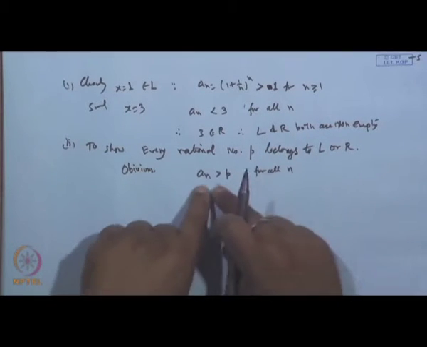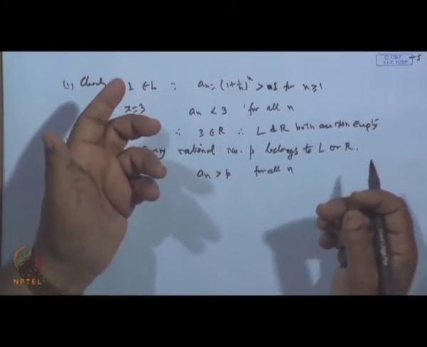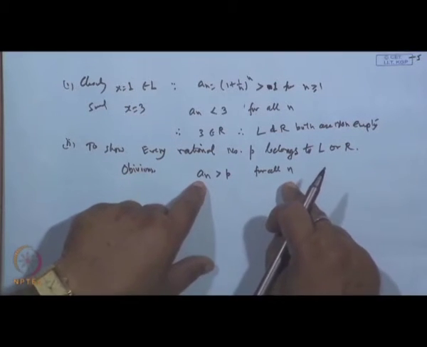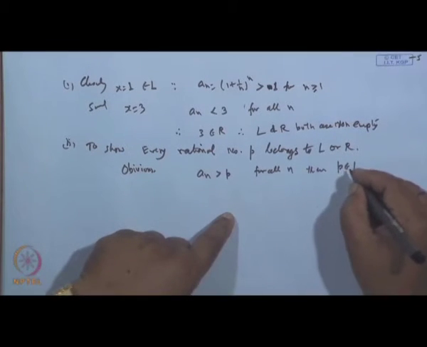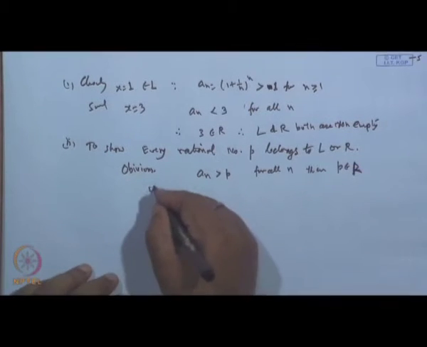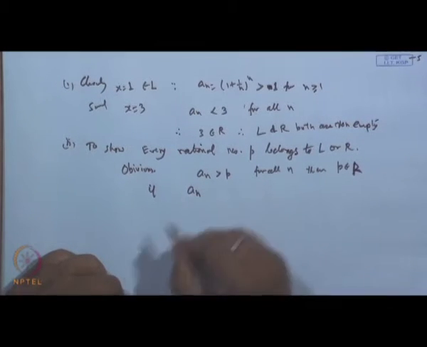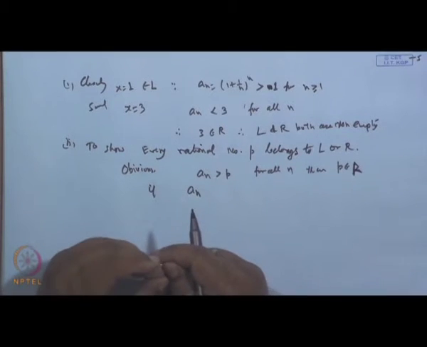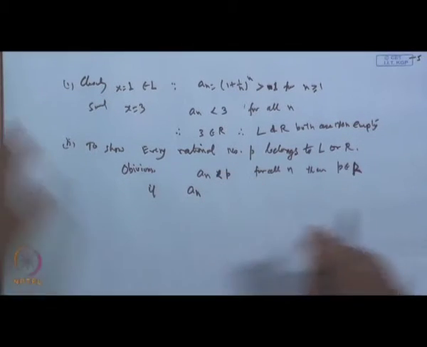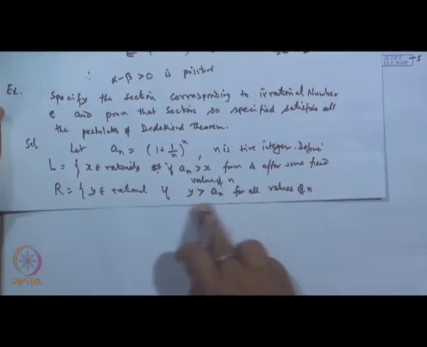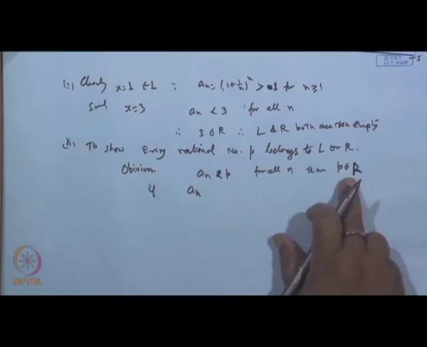So, there are two possibilities: either a_n will be greater than p for all n, or maybe a_n is less than p after a certain stage. If a_n is less than p for all n, then p belongs to the upper class, is it not? The upper class is where p is greater than a_n for all n.